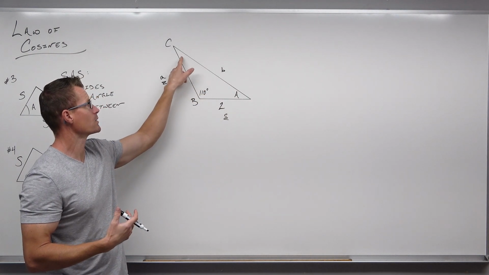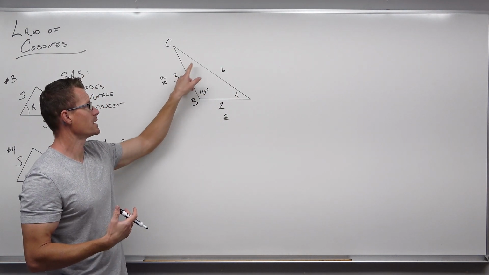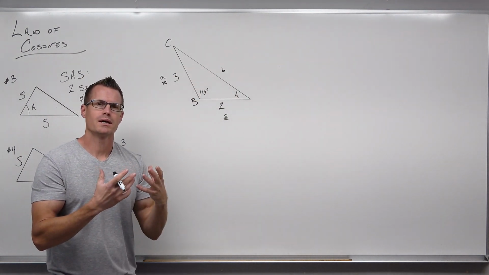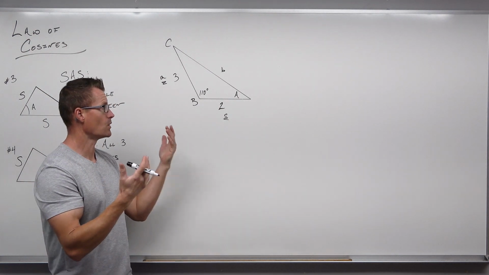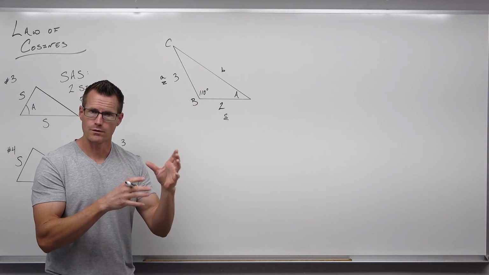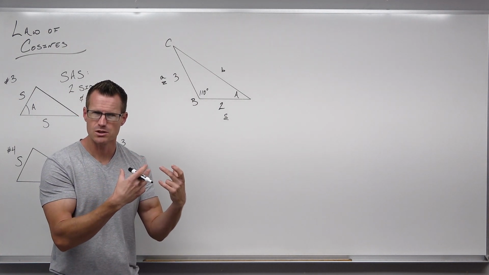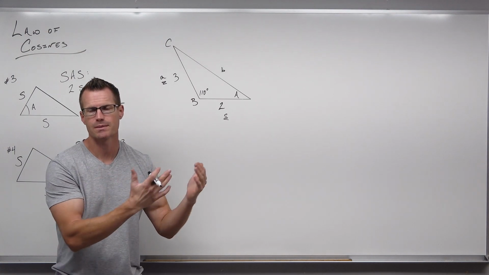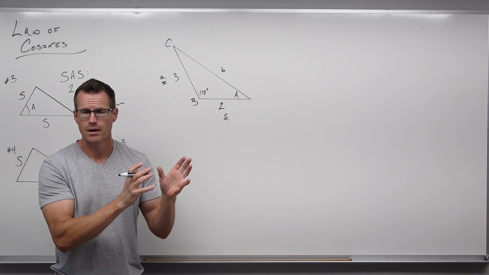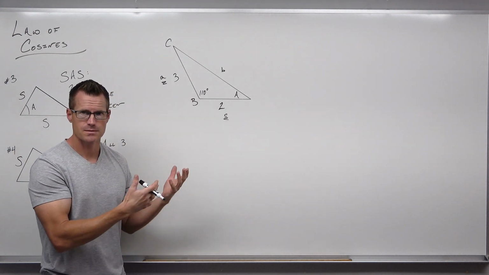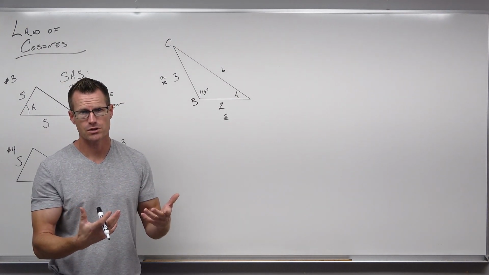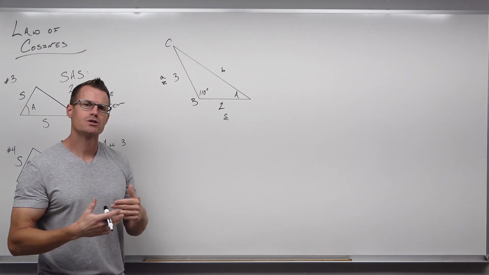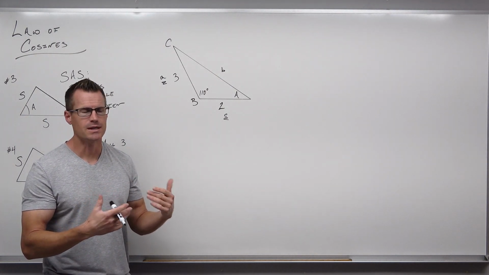If I wanted to find angle C, I would have to know this side, and I don't. Why? Because in finding your angles, you have to know all three sides. You'd have to know all of your sides for the a squared plus b squared minus c squared over 2ab. You have to know all of them. And so I don't know all of my sides, so I can't find any of my angles. I have to find a side first, this last remaining side. So I'm going to do that. I'm going to find side B. How does it work?